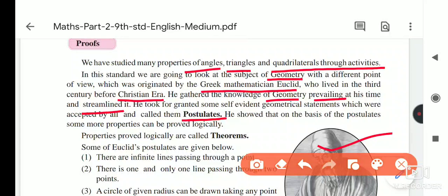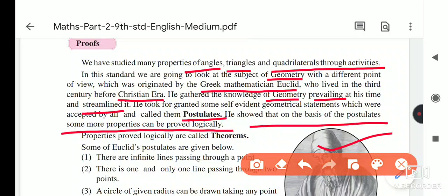He has collected that knowledge, and we further use it as postulates. First he showed the basic postulates, and after that he proved some properties logically.